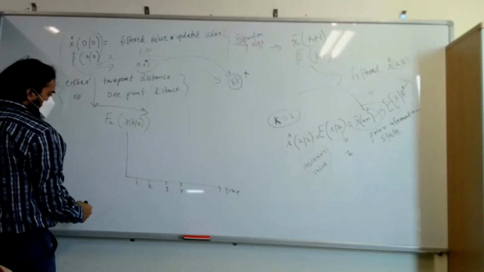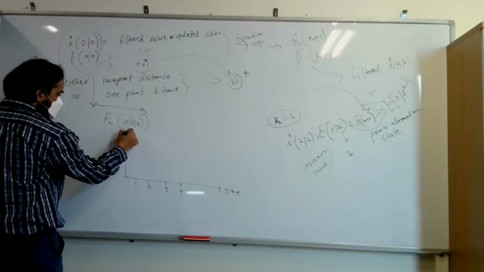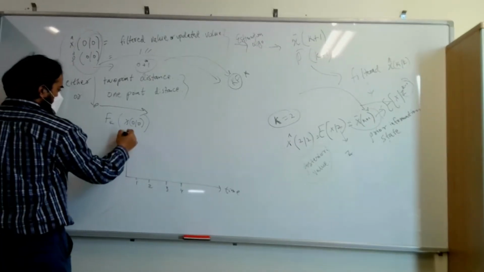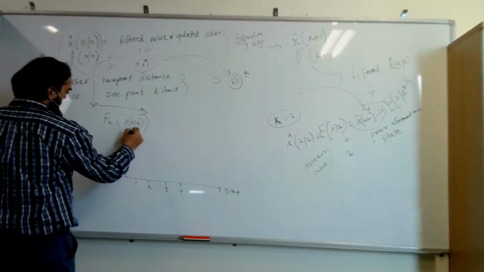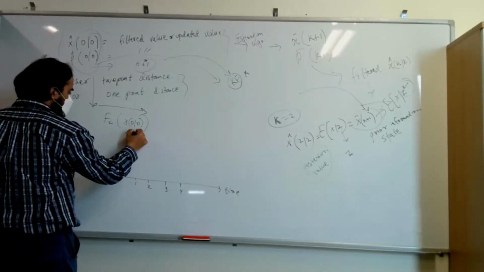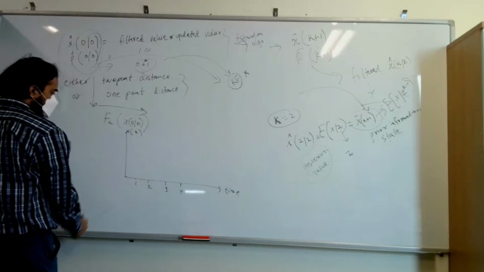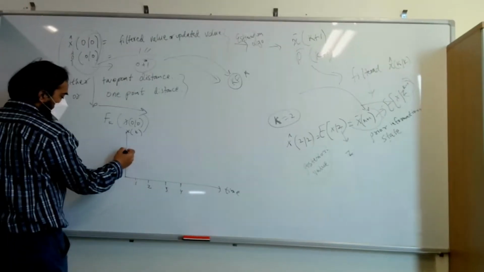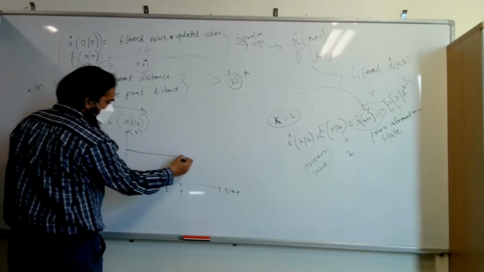And this is x, the position of a state variable like k. Suppose some point object is moving here.